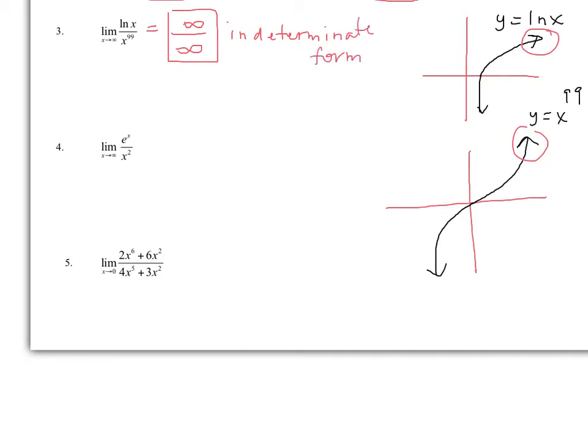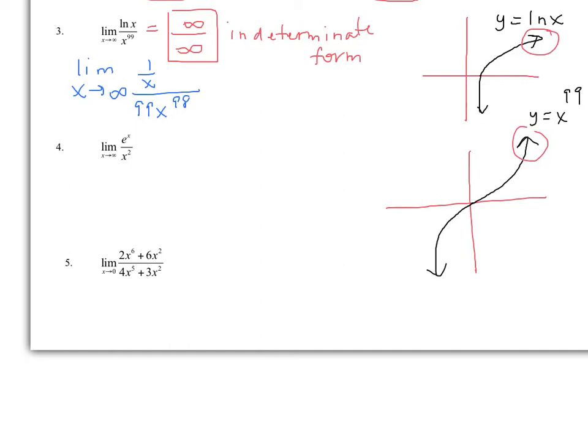We take the derivative of the numerator. Derivative of ln x is 1 over x. We take the derivative of x to the 99th. Okay, and we can actually simplify this expression.